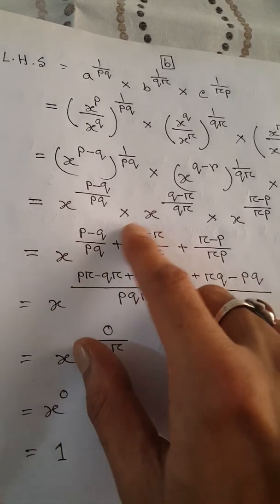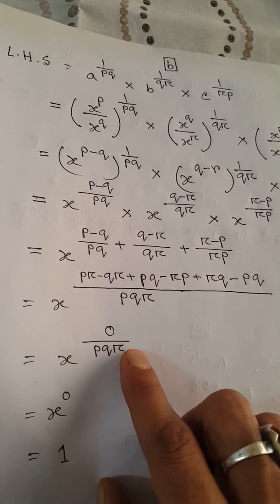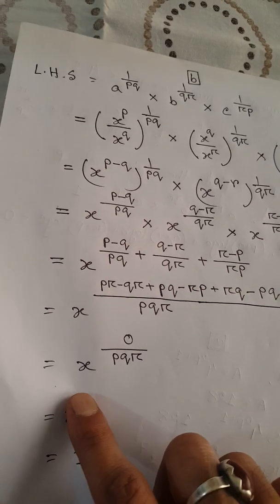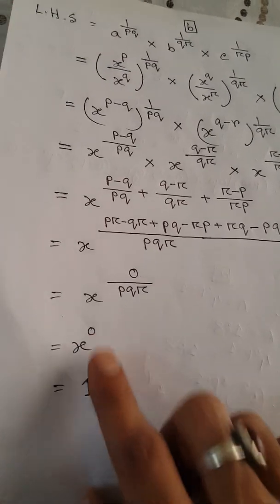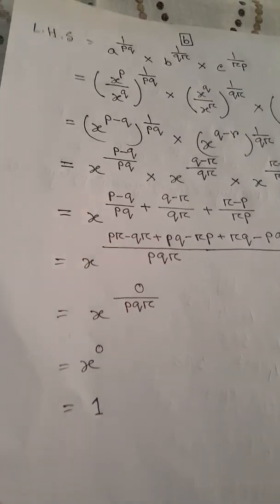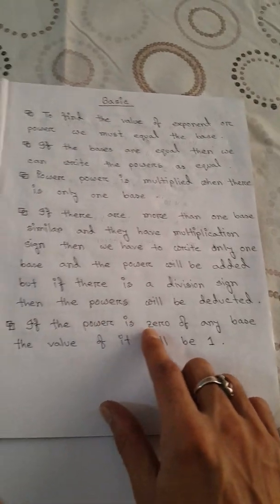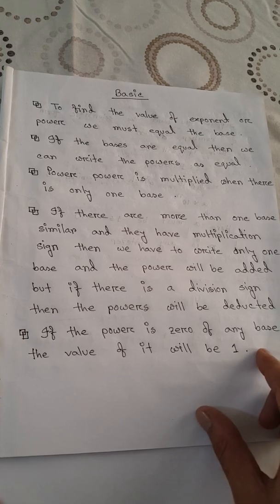So in the numerator we will get 0 and the denominator pqr. 0 divided by any number always becomes 0, so we get x to the power 0 and hence it will be 1. This is another important basic: if the power is 0 of any base, the value of it will always be 1.